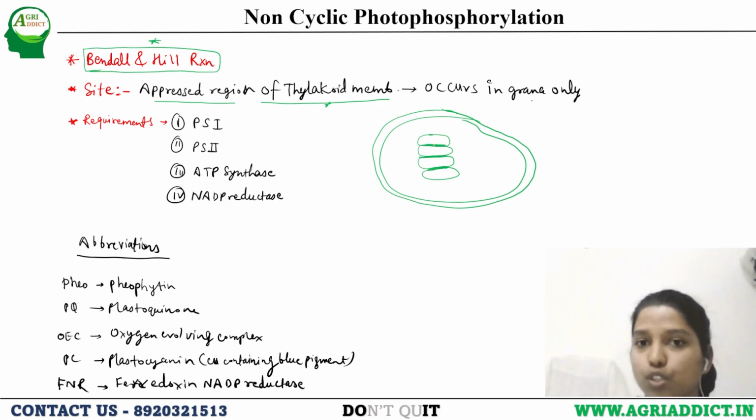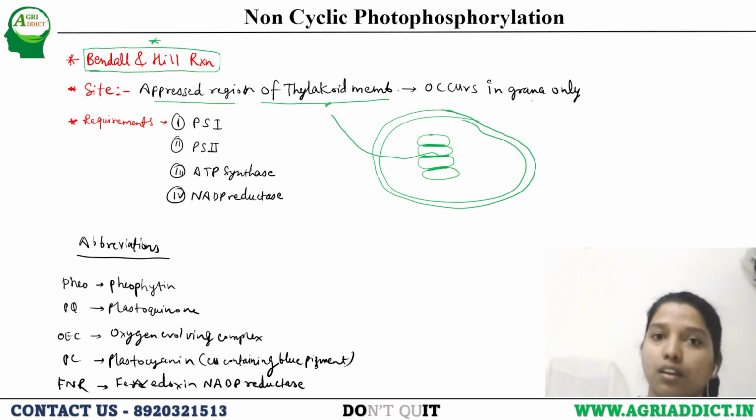In the previous lecture also I taught this. This membrane, which is connected to the thylakoid, is not in direct contact with the stroma, which is the fluid inside the chloroplast. So this part is known as the appressed region.